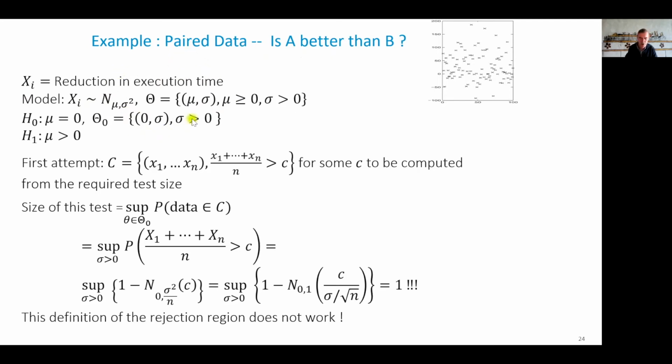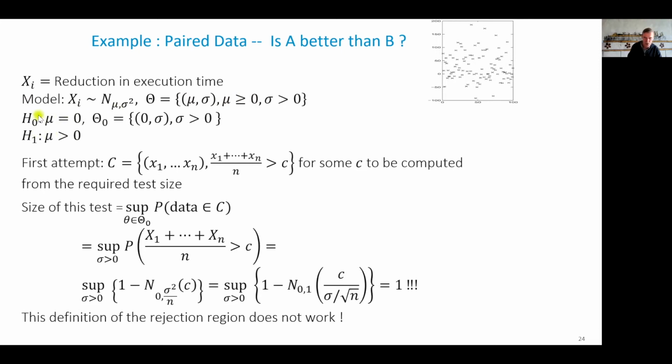So here I'm giving a specific model where I impose that mu is larger than or equal to 0, which means that I accept only two things. I accept only the fact that A and B are equal, or A is better than B. I think the rest is not possible. If I think differently, then I should put mu any value. But here I put this constraint. That's my test design. I design it in this way.